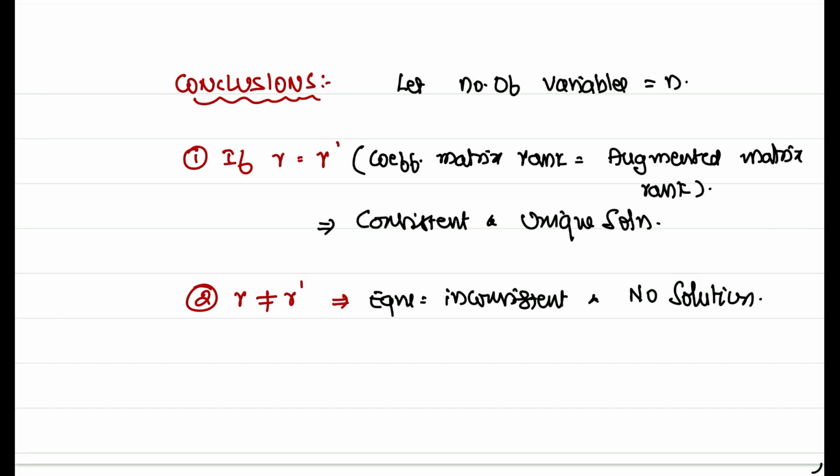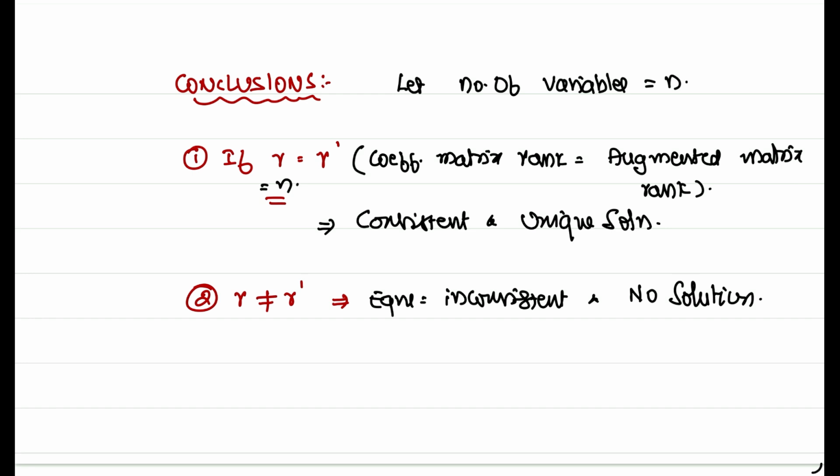Number of variables are n. If R is equal to R dash and it is equal to the number of variables, in a 3 by 3 matrix, rank is 3 and number of variables are also 3. Please understand this. Then they are consistent and have a unique solution.